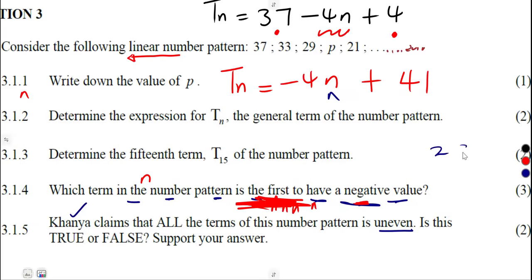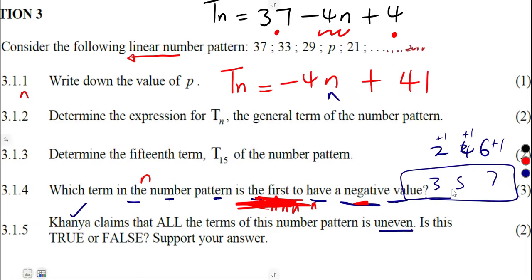Remember, even numbers are 2, 4, 6. So when it is uneven, it's a number that when you add 1, it becomes even. 3, you add 1. 5, you add 1. 7. Those are uneven numbers. So Kanya claims that whatever we get here is uneven.